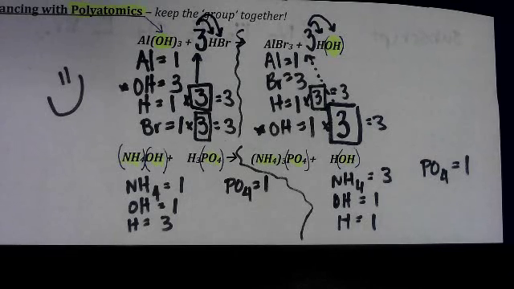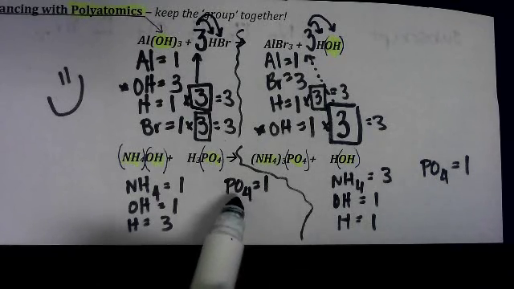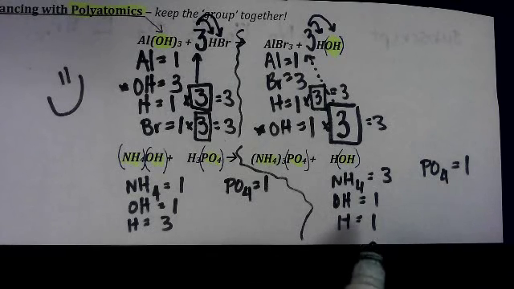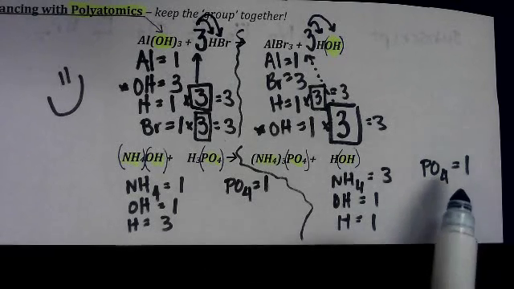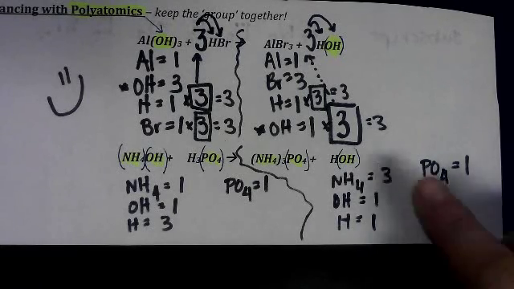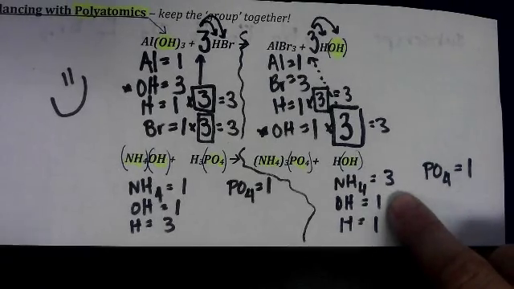Alright, now that you're back with me, you should have your atom inventory and hopefully it matches up with what I've gotten. 1 NH4, 1 OH, 3 hydrogens, and 1 phosphate. 3 NH4s, 1 hydroxide, 1 hydrogen, and 1 phosphate. So we're going to find the trickiest one and start balancing with that. I'm going to start with the NH4s.